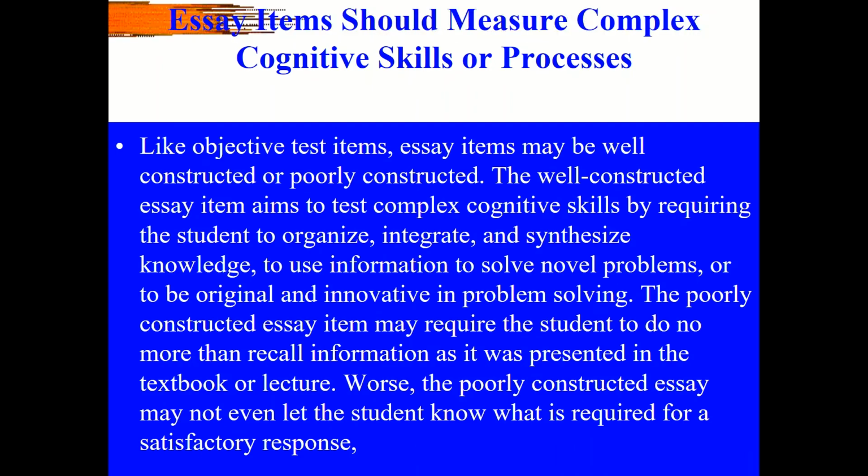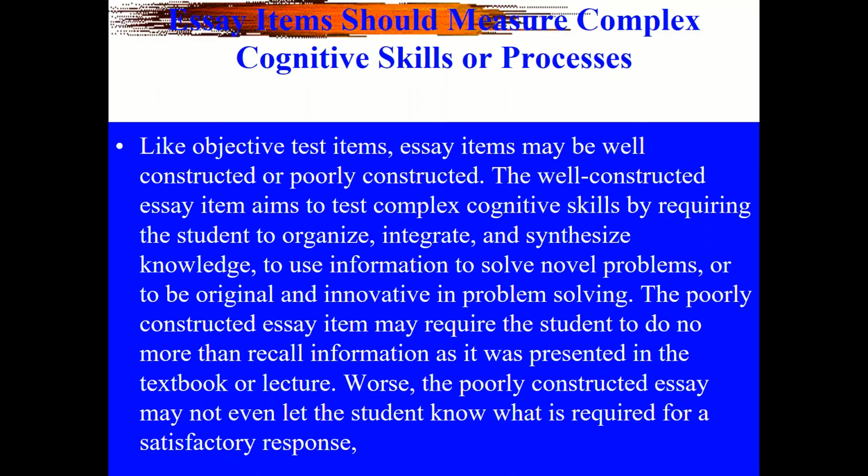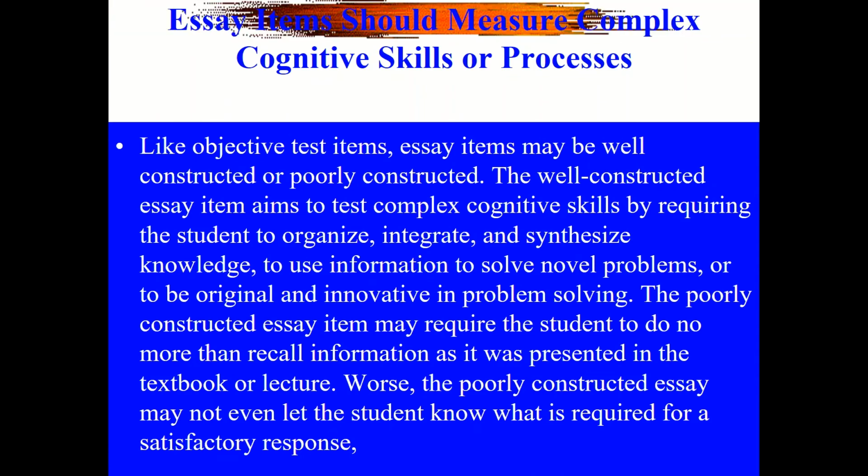A poorly constructed essay item requires students to do no more than recall. So parang marami tayo dyan. Marami tayong guilty dyan, no? So as I mentioned, the most violated test item is the essay item.